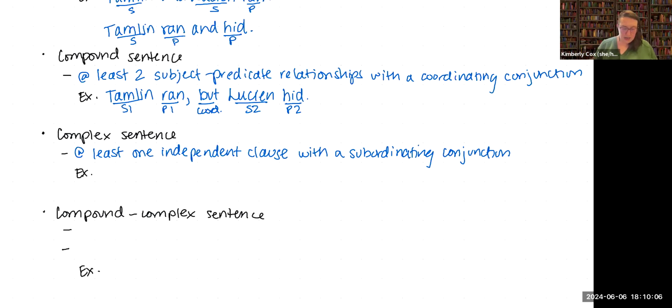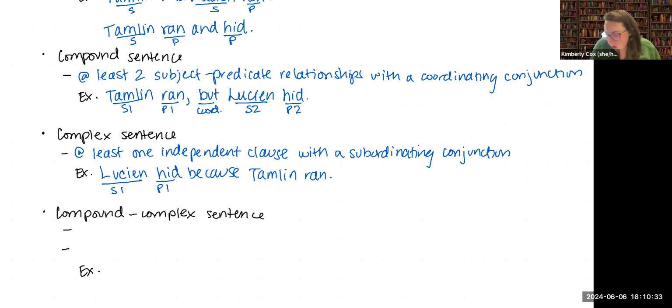So here is an example. I might say, right, Lucian hid because Tamlin ran. Okay. So once again, now I have subject one, predicate one, subject two, predicate two, but this is a subordinating conjunction. So that creates a complex sentence.